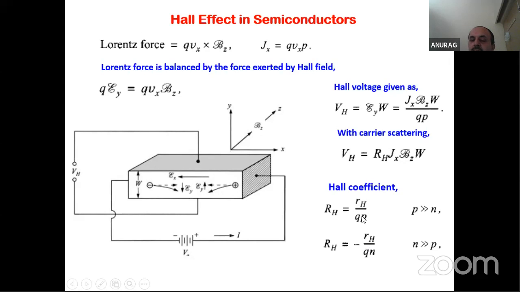Q is the elementary electronic charge, so in a p-type semiconductor I can calculate the hole concentration, and I can calculate the electron concentration if it is an n-type semiconductor. So using Hall effect measurement, I could calculate the carrier concentration in a semiconductor.